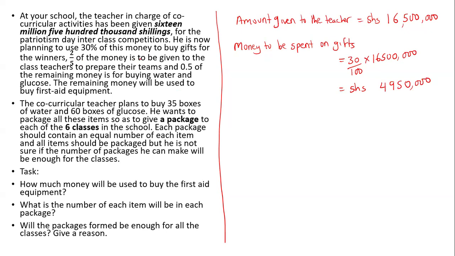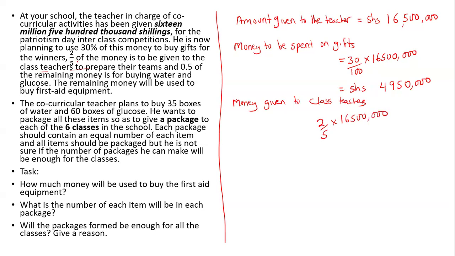Then they told us that 2 out of 5 of the money is to be given to the class teachers to prepare their teams. Then I will say money given to class teachers. So it is 2 out of the 5 times the 16,500,000.